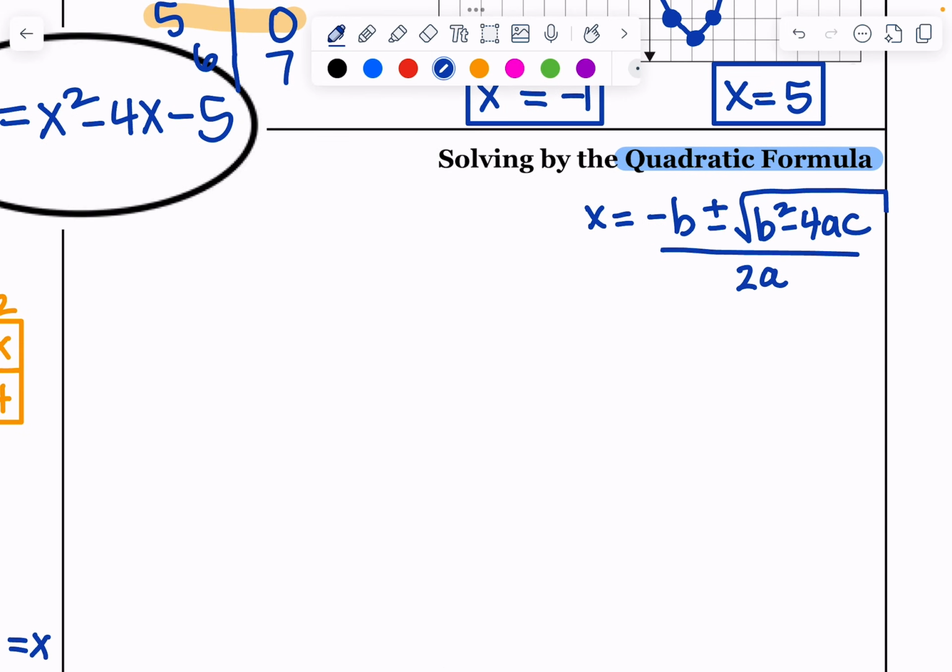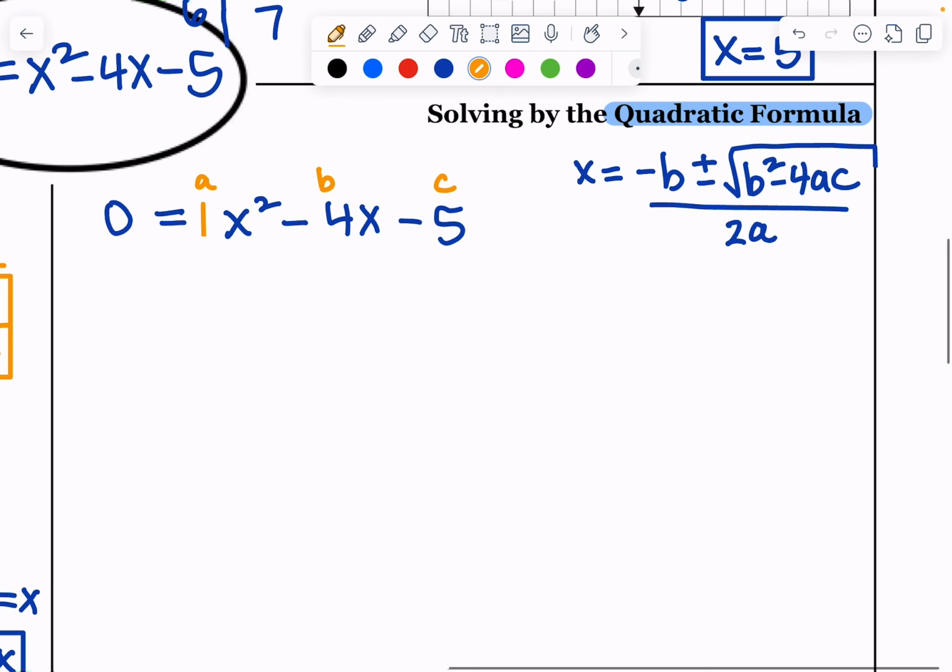Okay, so the first thing I'm going to do is bring down my equation. 0 equals x squared minus 4x minus 5. I need to label A, B, and C. So when we have a quadratic equation in standard form, A is with x squared, B is with x, and C is the constant at the back.